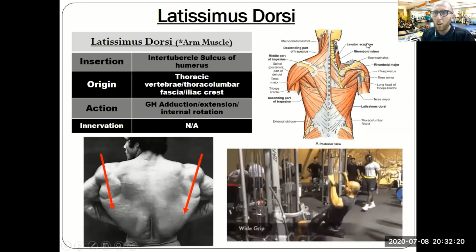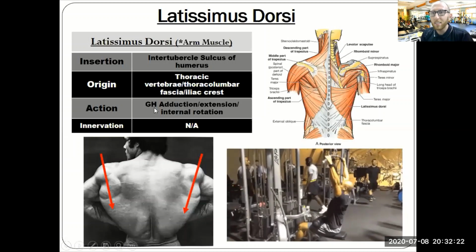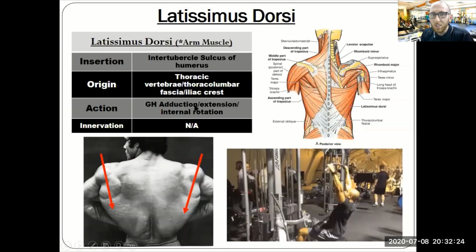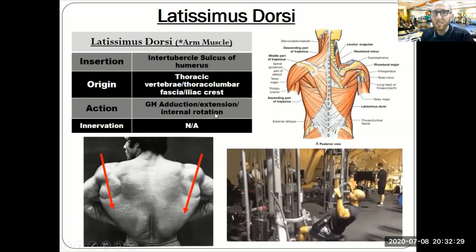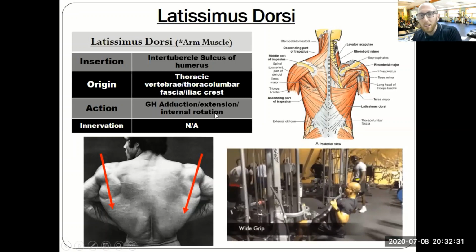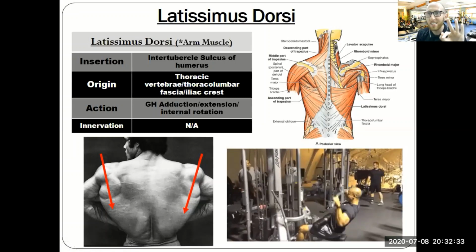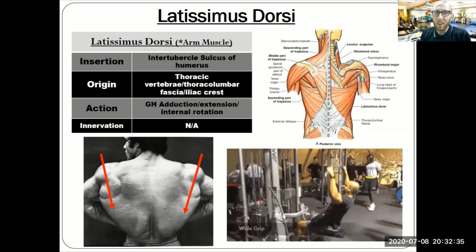Now, what does it do? It does glenohumeral adduction, extension, and internal rotation. So again, it's an arm muscle because it has 3 actions on the humerus itself.